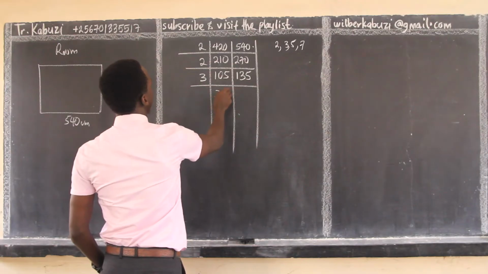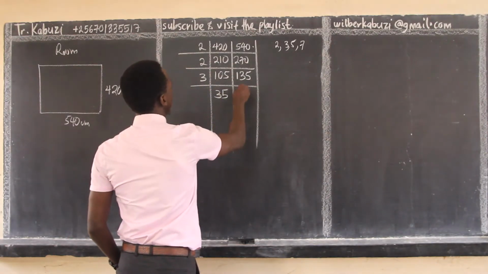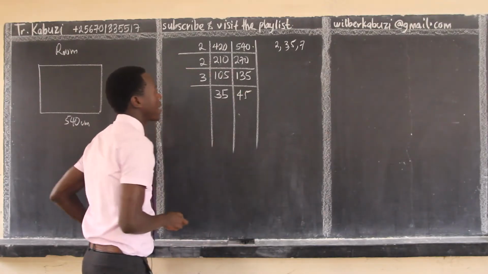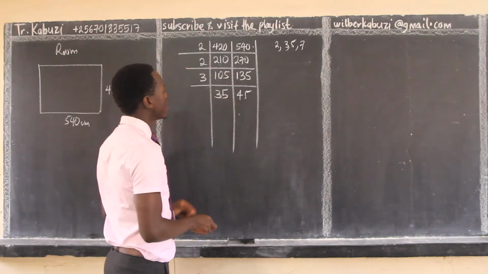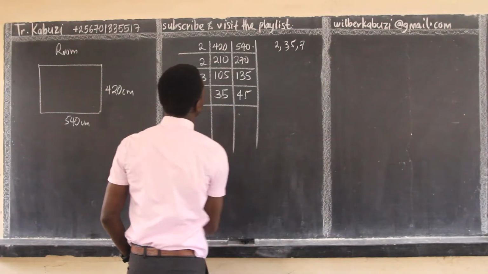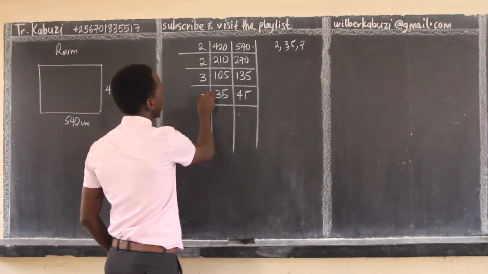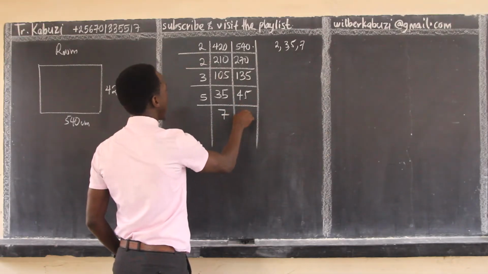By 3 we get 35 and 45. Can 3 divide these two again? No, so I move to 5. By 5, here I get 7, and here 9.